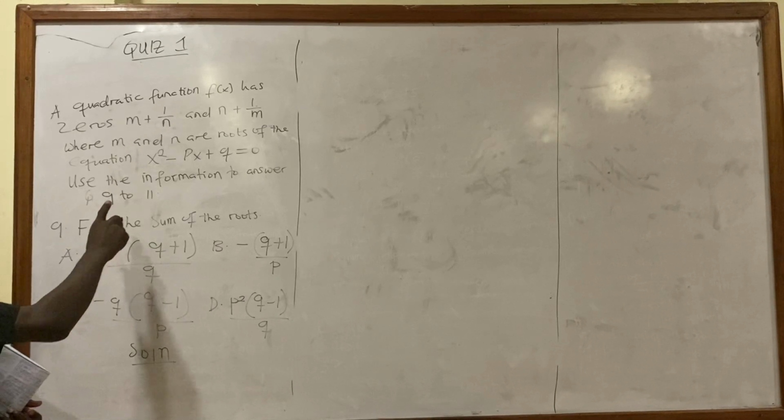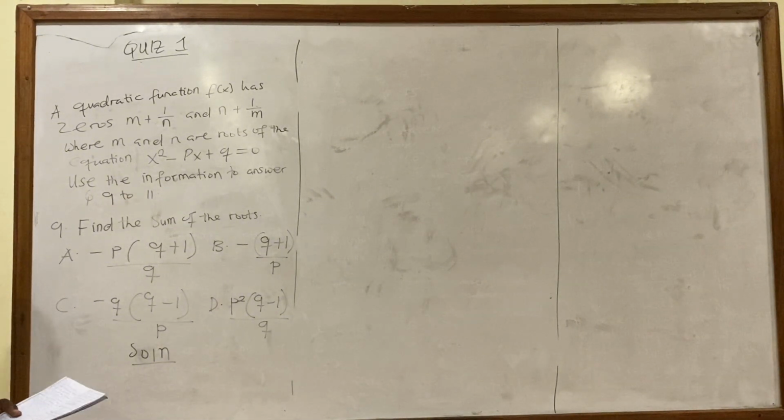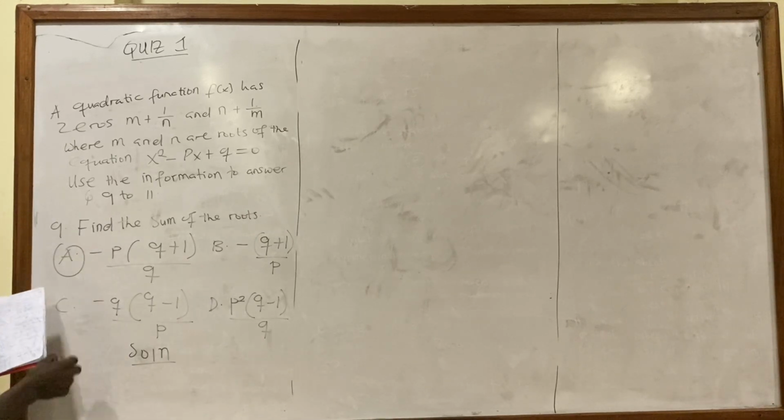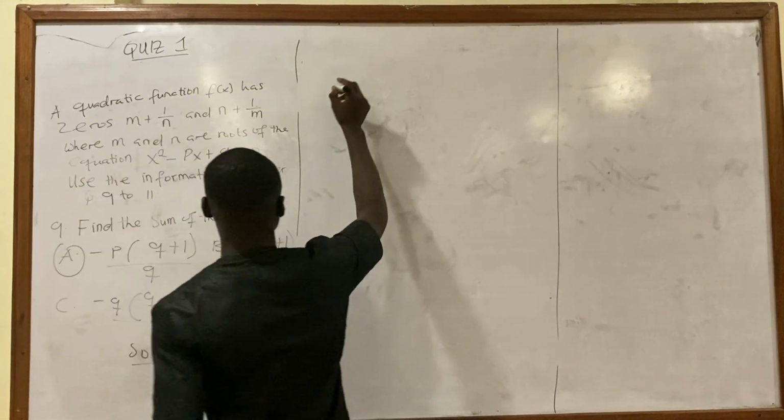They said we should use the information to answer questions 9 to 11. Question 9 says we should find the sum of the roots. So our answer is b plus q. But let's look at how it came about.